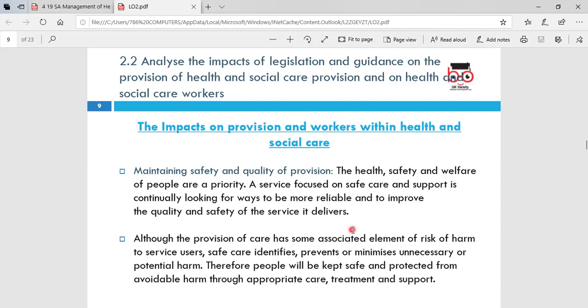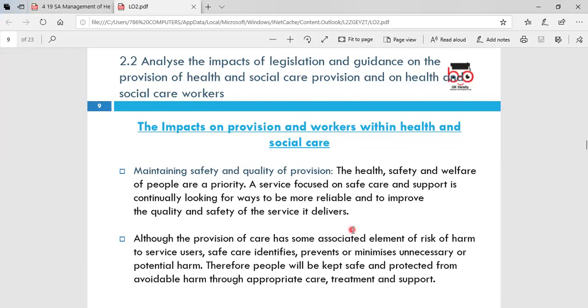Although the provision of care has some associated element of risk of harm to the service user, for example when you're providing some medication or a vaccine, there are some harms to it. But then there's safe care, which prevents or minimizes unnecessary or potential harm.